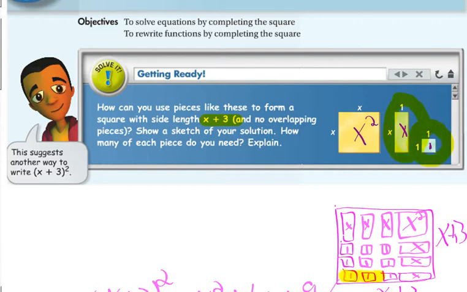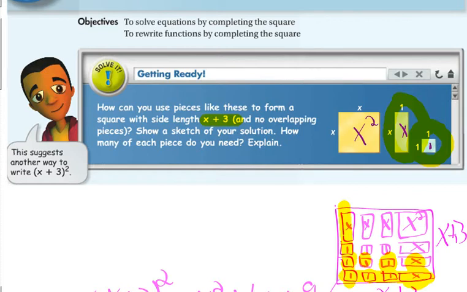So here it is: x plus 3 here and x plus 3 there. Now let's multiply these like a grid. So 1 times 1 is 1, and 1 times 1 is 1 here, and then x times 1 is x.